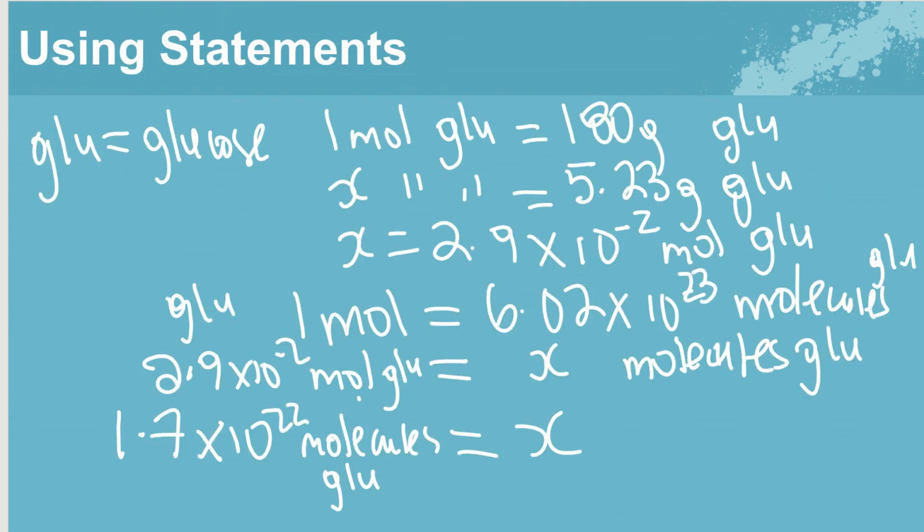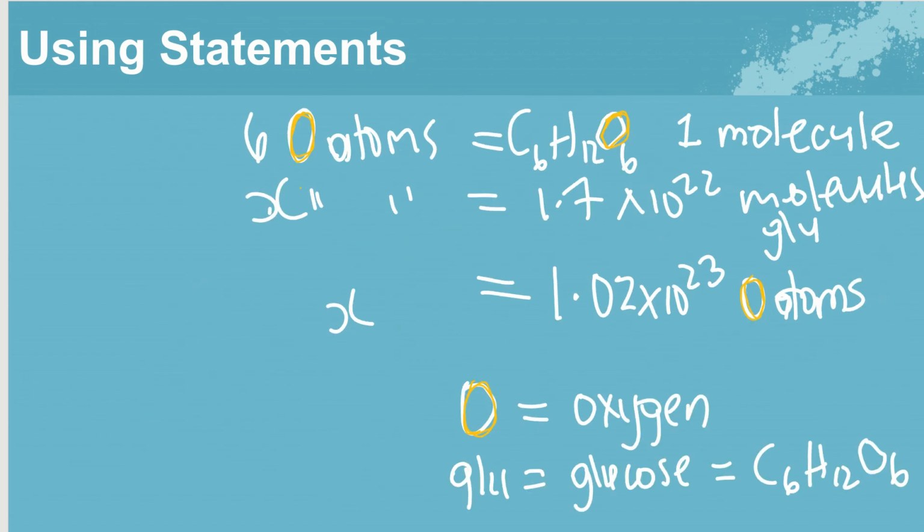So when you are writing your answer, ensure that you stick to the correct number of significant figures, right? But this slide is basically just to explain using statements the same calculation that we did before, right?